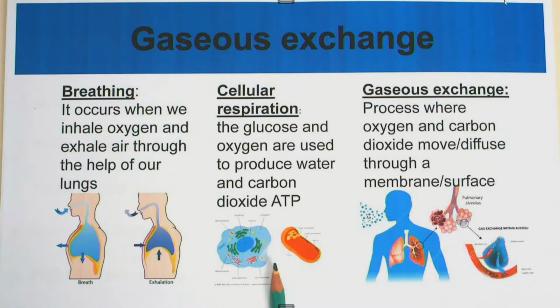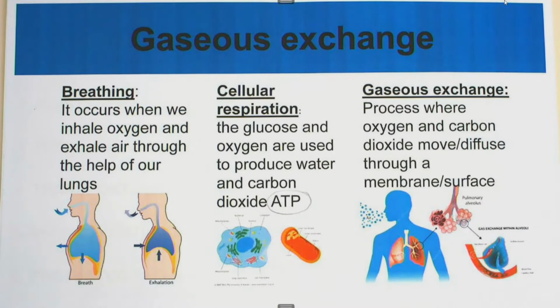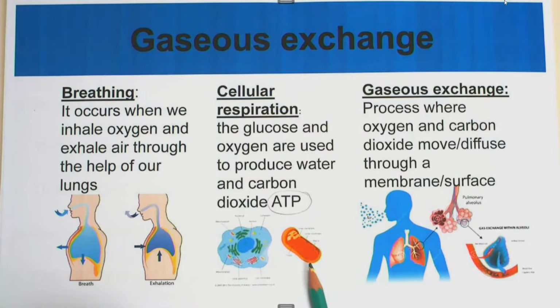So the glucose that you have already in your body, and then obviously in your cell, and the oxygen are used to produce lots and lots of energy for you, and energy is in the form of ATP in your body. Now, as you can see here, although it's a little bit small, this is the mitochondria, or mitochondrium, and that is the powerhouse of the cell.